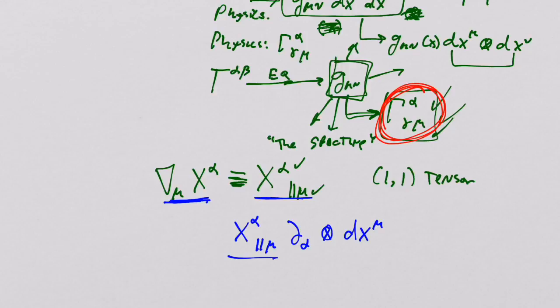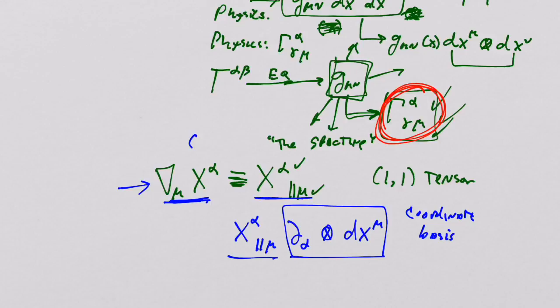And then this is the component, and this is the actual basis system that you're in. And it's the coordinate basis. We're almost always using the coordinate basis when we use a basis. And so the covariant derivative takes a 1-0 tensor and produces a 1-1 tensor.